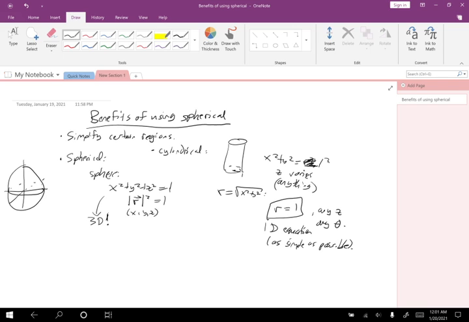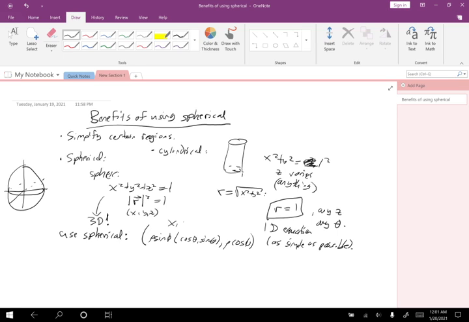But now when you use spherical coordinates, I'm going to use one representation as rho sine phi times cosine theta, sine theta, rho cosine phi. Remember, it's a circle within a circle.